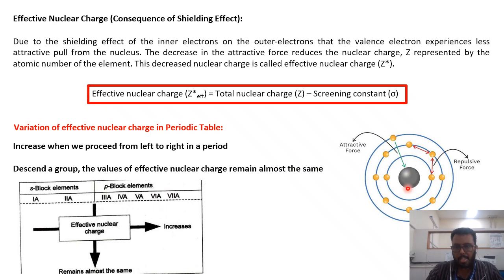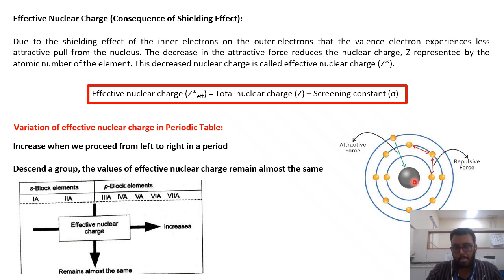You have the nucleus in the middle and the shells arranged one next to the other, from n to n minus 1, n minus 2. Always the penultimate shell is n minus 1, and the valence shell will be n.